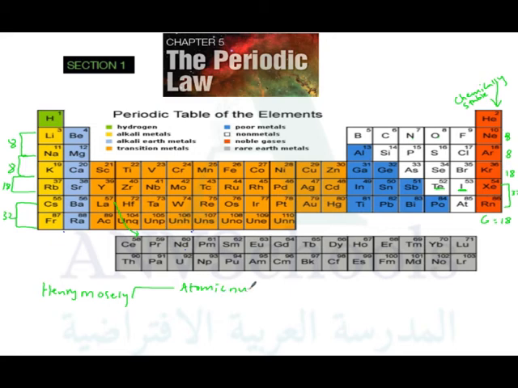At the same time, he considered atomic number to be the basis for arranging elements in the periodic table.